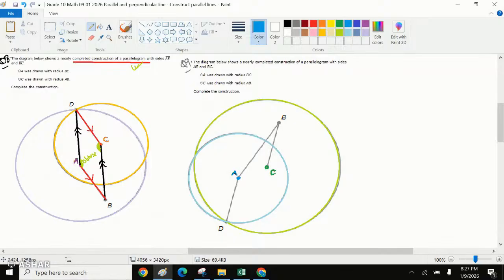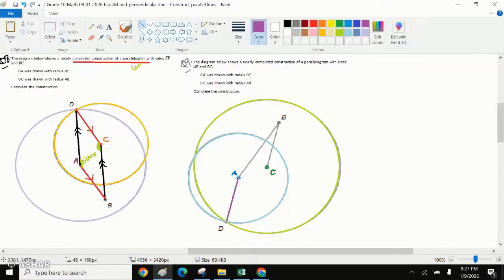AD is again our, what is AD? A to D means from the center of the circle to the circumference of the circle. Circumference is always the outer line, the outer ring of the circle. So whenever the line is from the center to the circumference, that is known as the radius, right? So we can say that AD is the radius of the smaller circle.